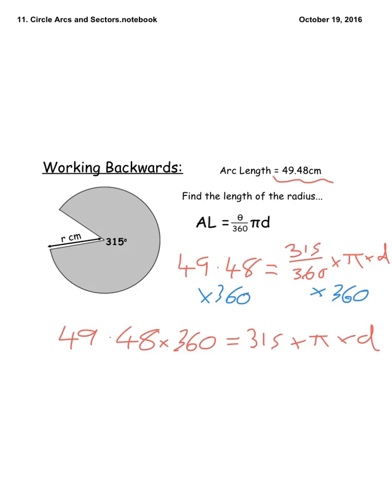I'm then going to divide both sides by 315 times pi, because those are both multiplying my diameter. So if I divide, the diameter will be left on its own on this right-hand side of the equation.